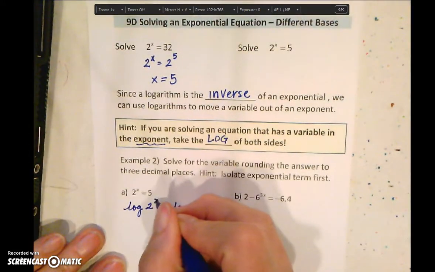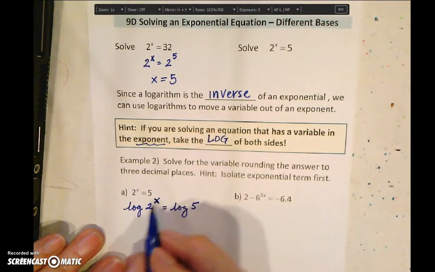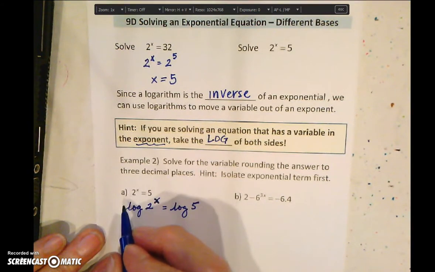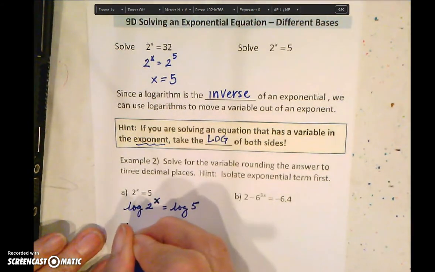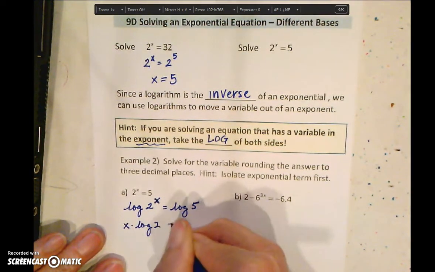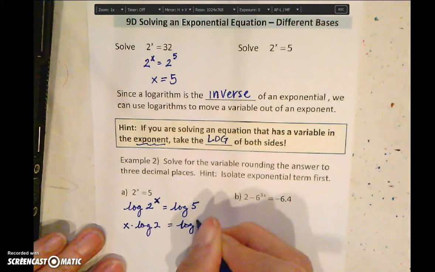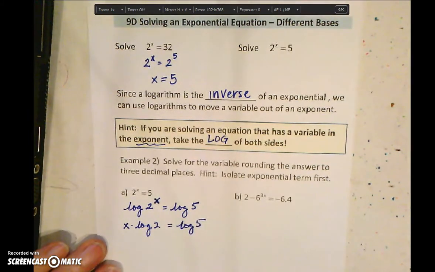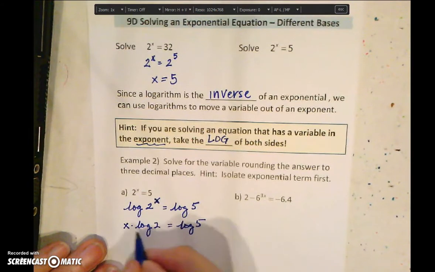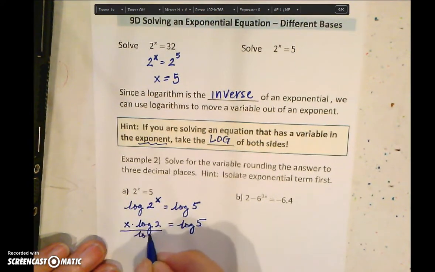Now we need to use that log property where if we have the log of a number raised to a power, we're going to bring that x to the front. So this is now going to be x times log of 2 is equal to the log of 5. And whenever we have multiplication, to undo the multiplication, we will divide both sides by that.